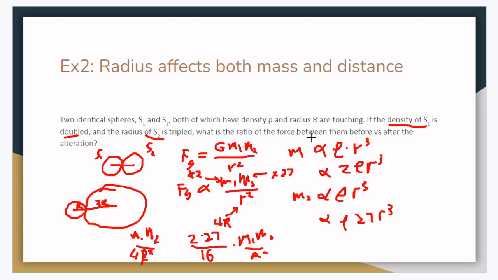So the ratio of the force between them before versus after would just be this one divided by this one. The m1, m2, and r squared would all cancel, and we're left with a number. So it would be 2 times 27 over 16, over 4, which comes out as 54 over 64, and that's your answer.